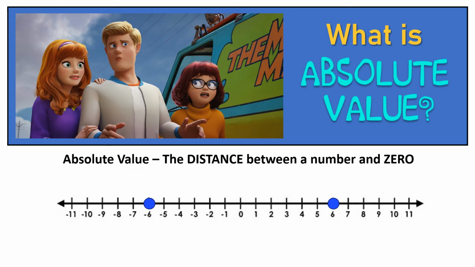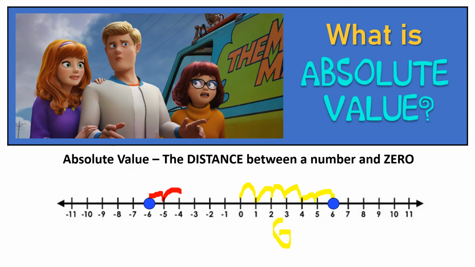So let me show you how that works. If I wanted to find the absolute value of 6, it's how far it is away from 0. So we're going to count the units. 1, 2, 3, 4, 5, 6. So the absolute value of 6 is simply 6 because it's 6 units away. Now if we look at -6, it is also 6 units from 0.